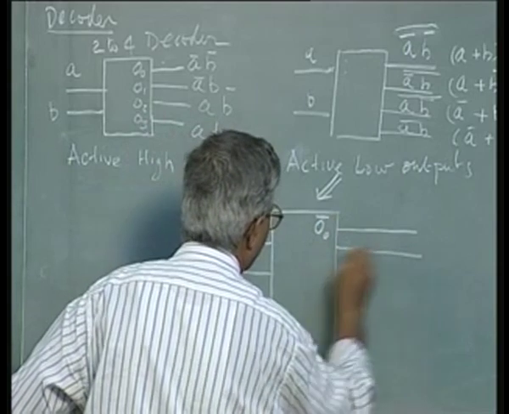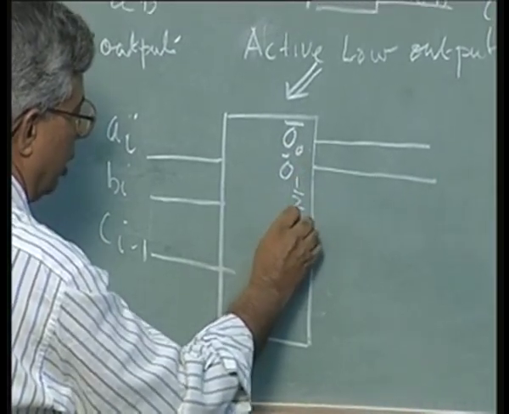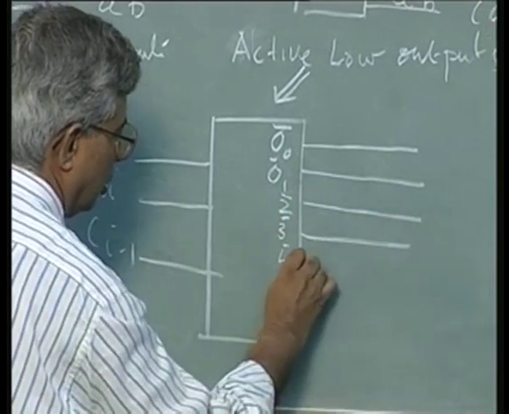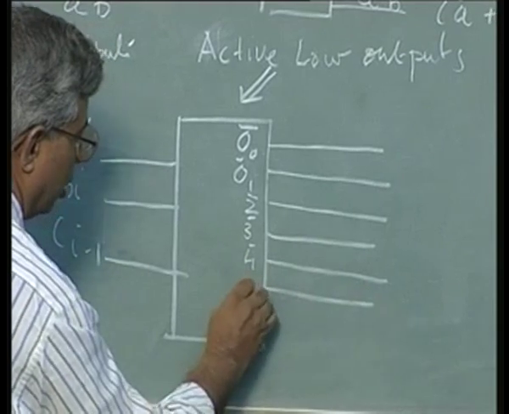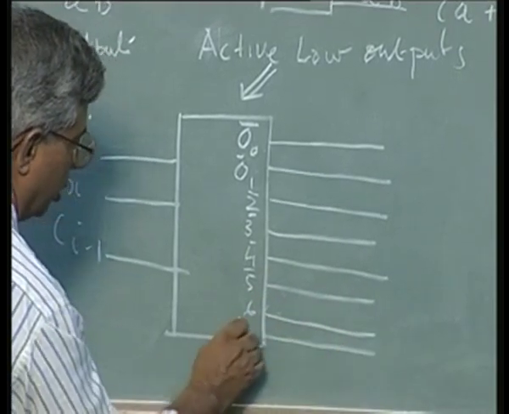This will not be O1 but O1 bar, and then 2 bar, 3 bar, 4 bar, 5 bar, 6 bar, 7 bar.